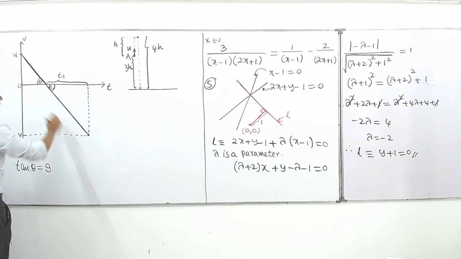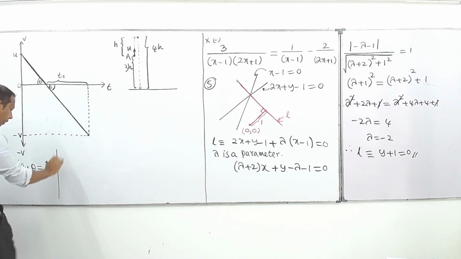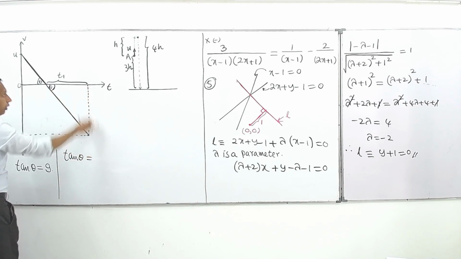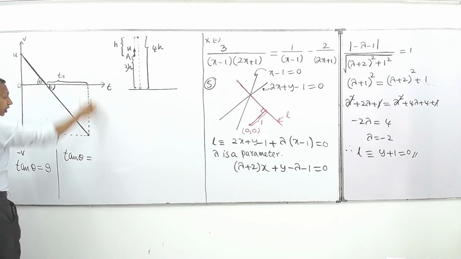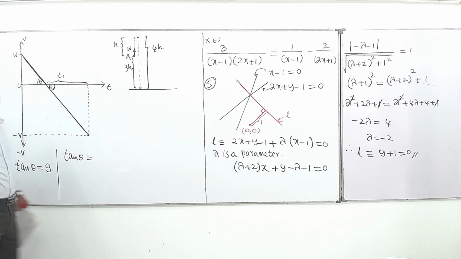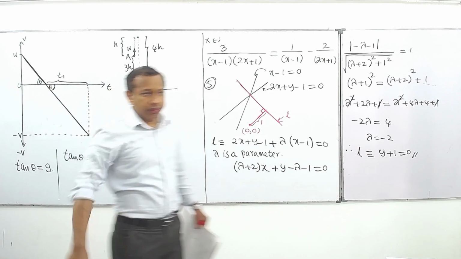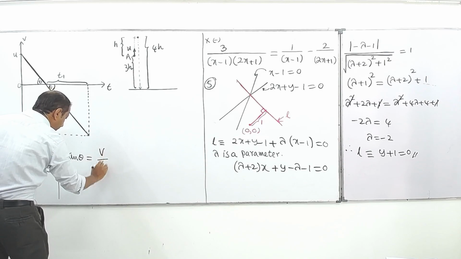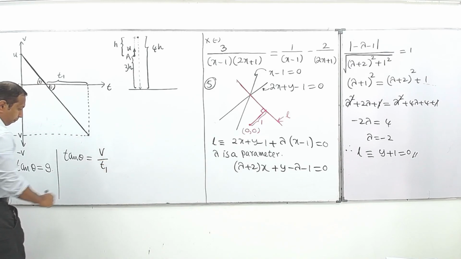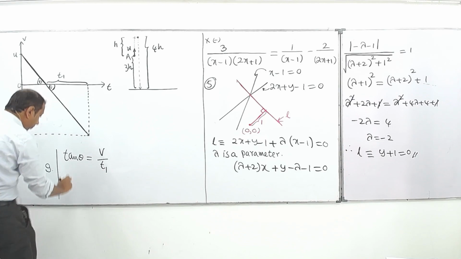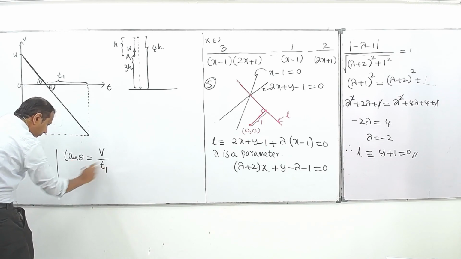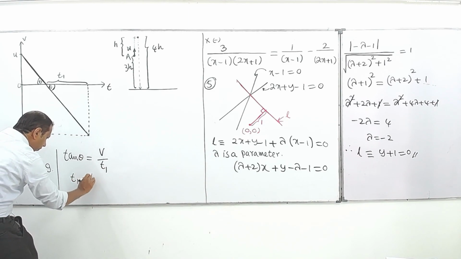Then, by this triangle, tan theta is this side divided by this side. This side is going to be v. Don't take the minus sign; the minus sign says the particle moves downward. Tan theta equals v over t1. Then we can make t1 the subject: bring t1 here, tan theta is g. Right. t1 equals v over g.